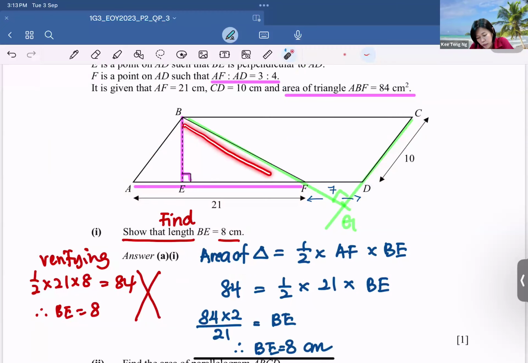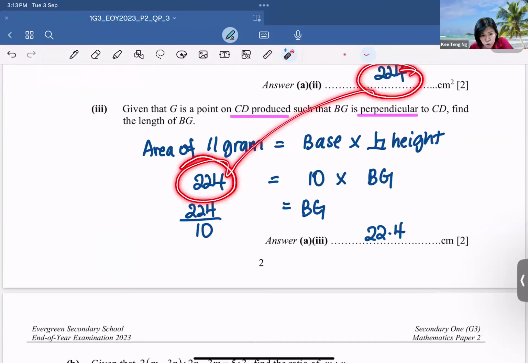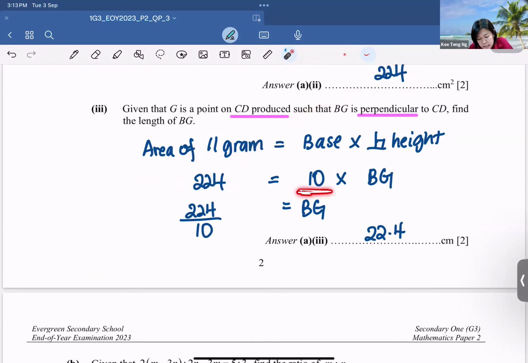The perpendicular height will now be BG. The new base is CD, which is 10, times BG, the perpendicular height I need to find. So I just divide away 10, then I get my answer.